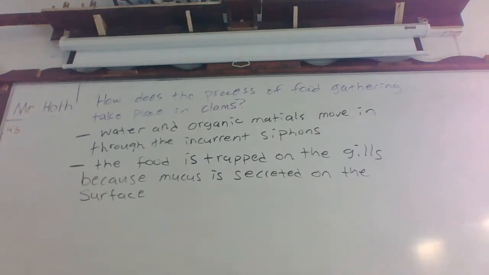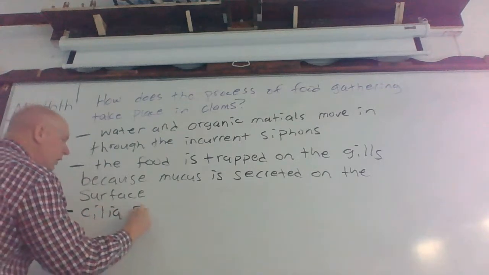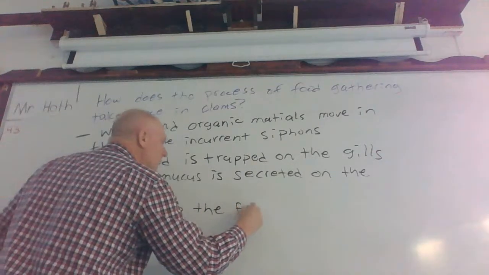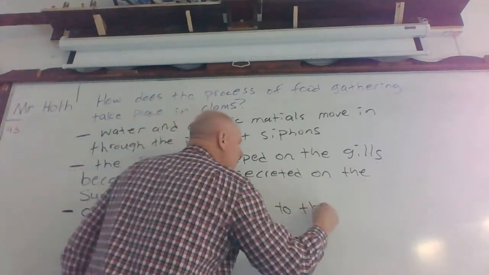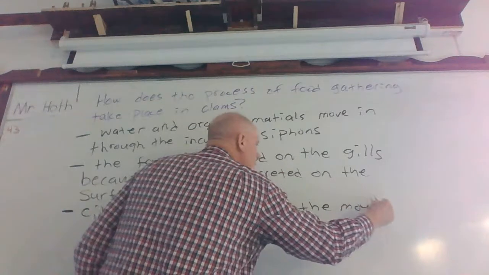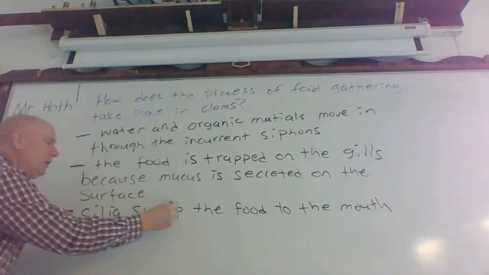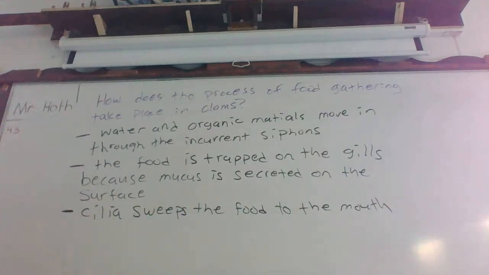So then we would say cilia sweep the food to the mouth. Then, obviously, by that time, it's going to be utilized for digestion. So those are the main things that we really want you to focus on.